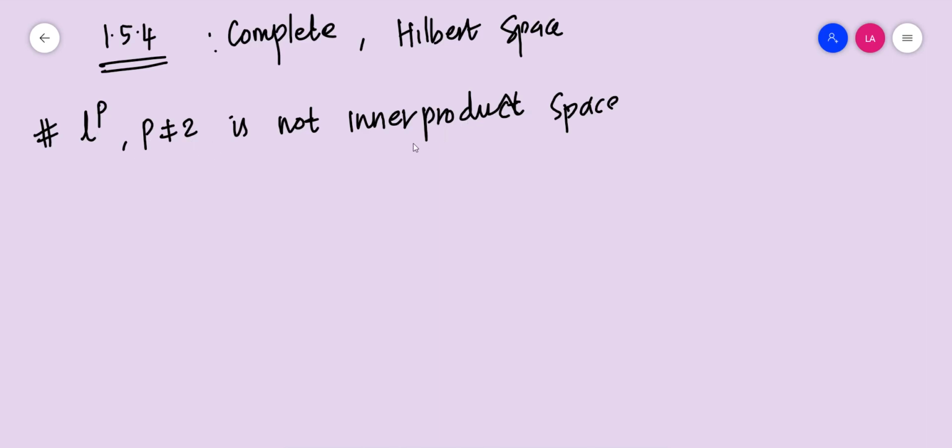In order to establish that this is not an inner product space, we are going to choose arbitrary elements x and y in LP, and we will prove that they do not satisfy the parallelogram equality, because every norm which is induced by an inner product should satisfy it.